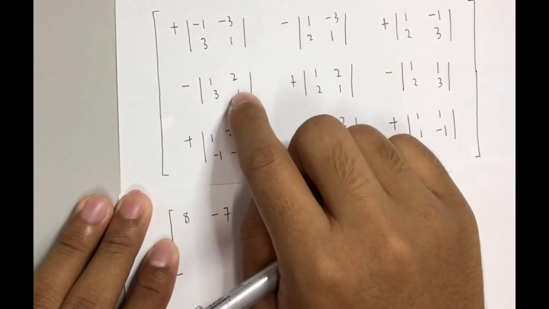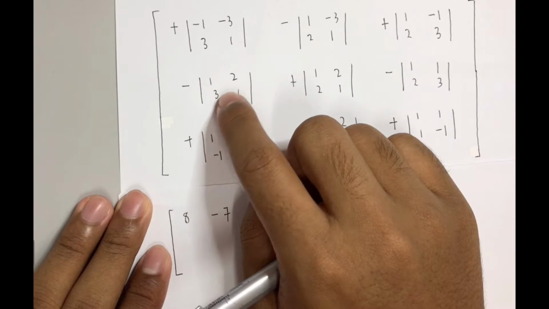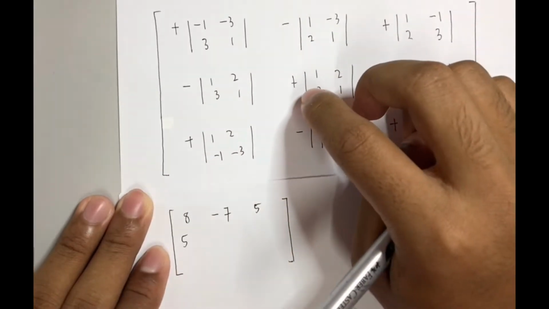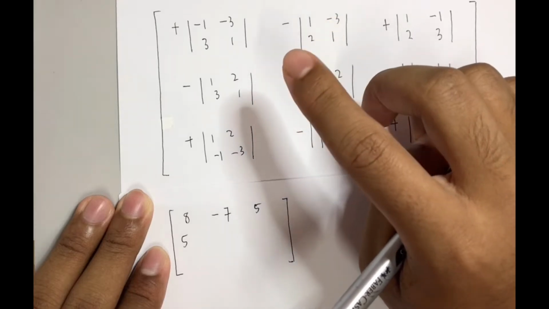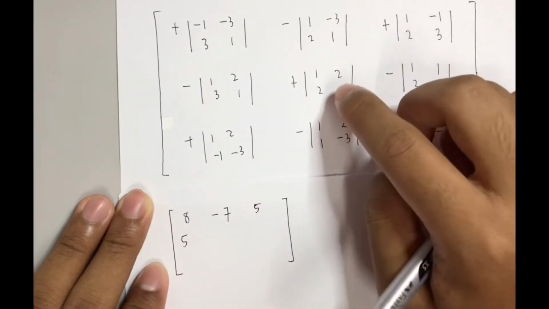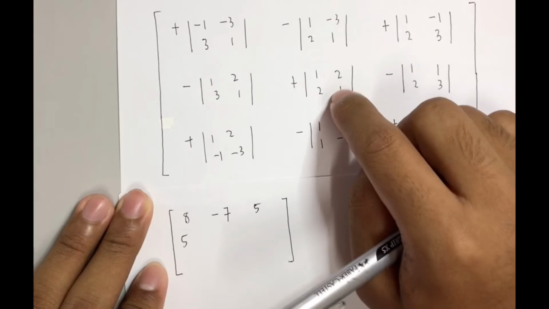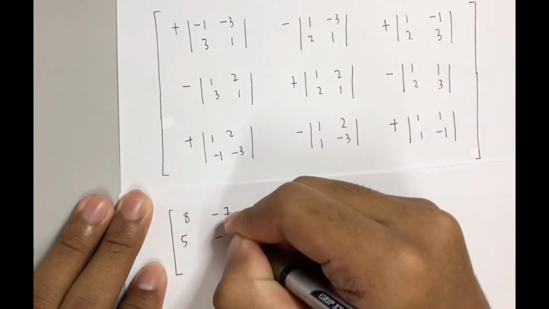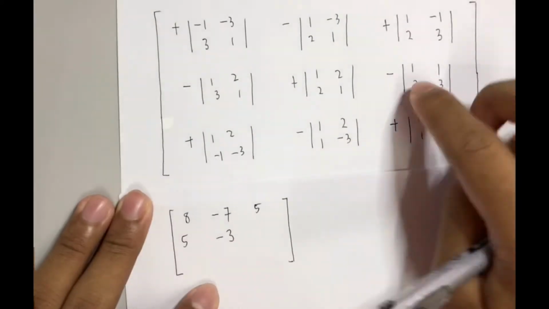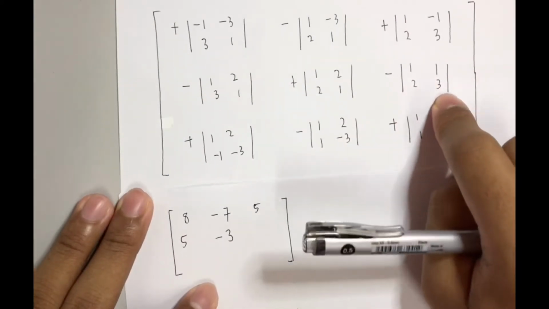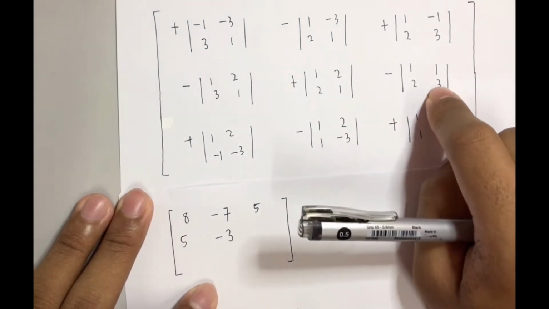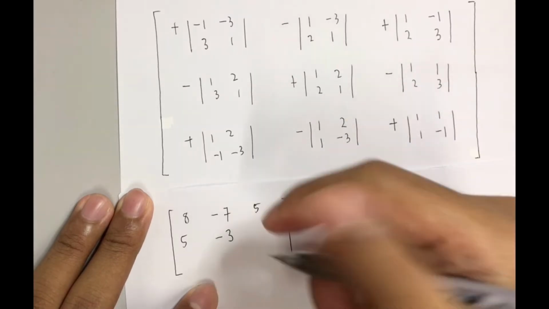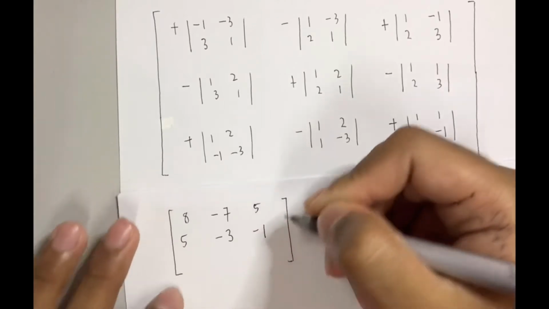And 1 times 1 minus 3 times 2 equals 5. 1 times 1 minus 2 times 2 equals negative 3. 1 times 3 minus 2 times 1 equals negative 1.